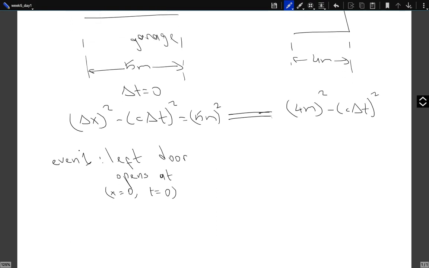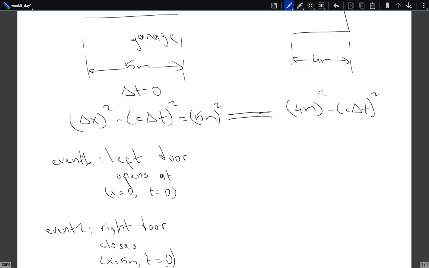And then event 2. Right door closes. Well, this happens at x is equal to 5 meters, and still t is equal to 0. These are my two events. So if you calculate this quantity, you will get 25 meters squared.